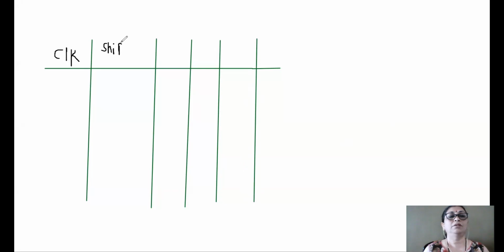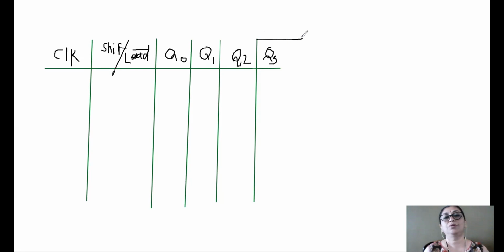Shift/load bar, and this is load bar actually. Load, and load bar. And all these are outputs. So suppose this is Q0, this is Q1, this is Q2, and this is Q3, and Q3 is your actual output.